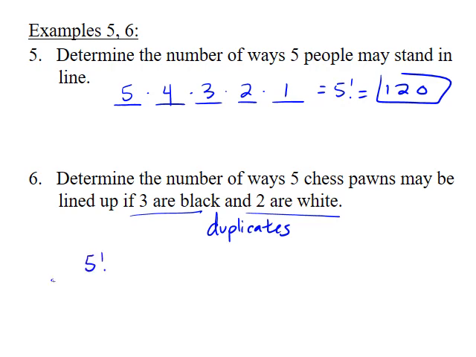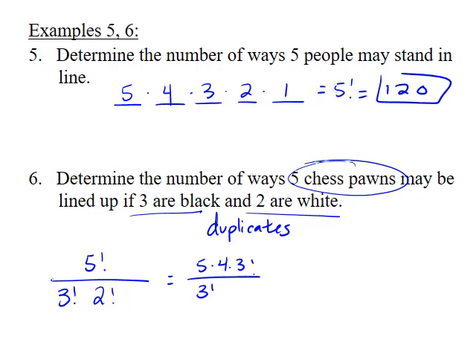We have all the possible choices, so of these 5 chess pawns, but the duplicates go down here. 3 of them are black, 2 of them are white. And then we just solve this. Remember, we can write this as 5 times 4 times 3 factorial. The 3 factorials cancel. 20 divided by 2 is 10. So 10 possibilities here.